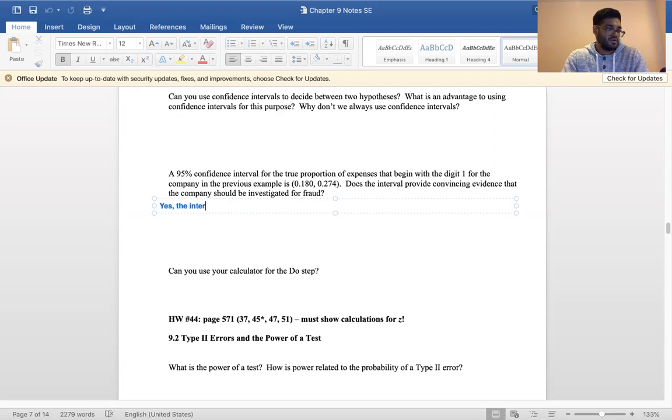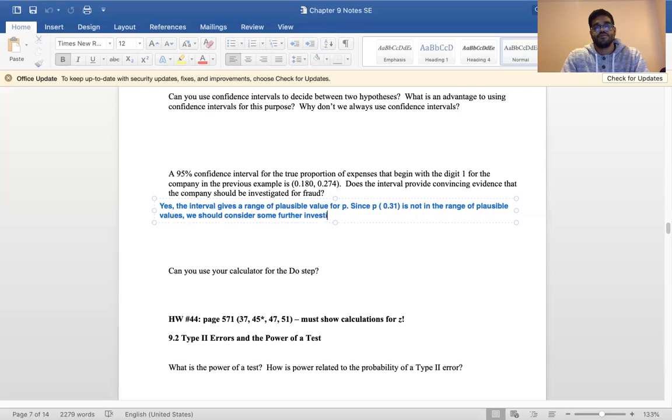It gives a range of plausible values for P, and since 0.31 is not in the range of plausible values, we should consider some further investigation. We have evidence against H0.